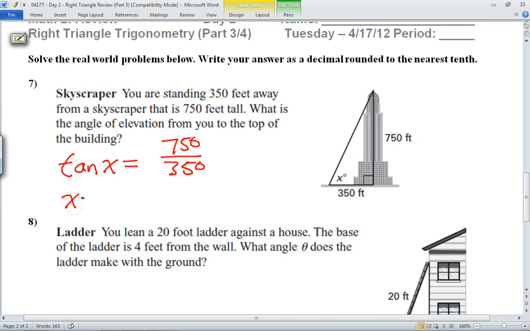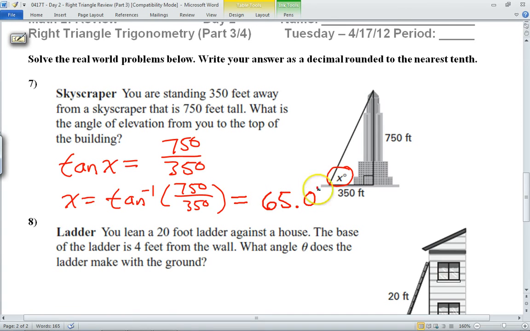That means x is going to equal the inverse tangent of 750 over 350. And that is 64.98. That's going to round to 65.0.